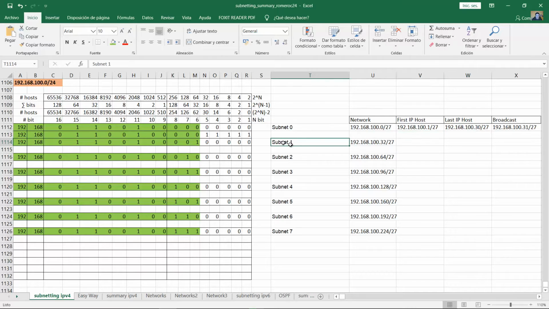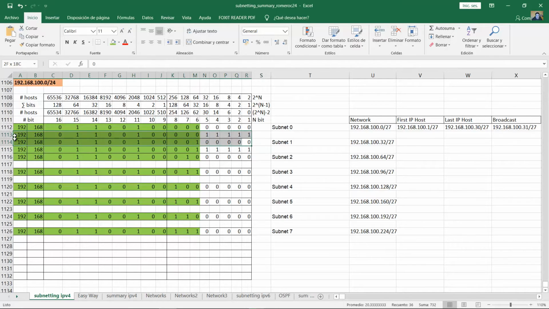Also do this on subnet 1. Copy this and fill the remaining spaces with ones. This is the network address, but this is the broadcast.